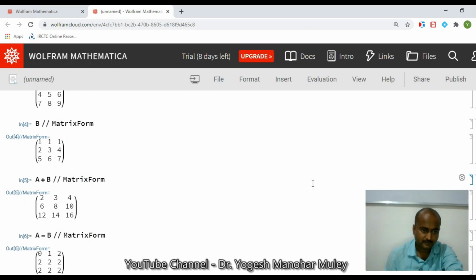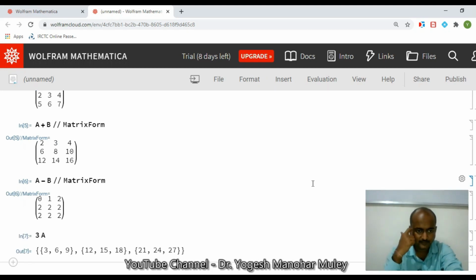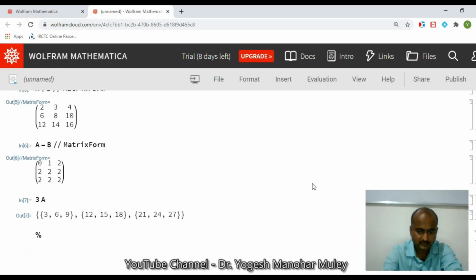Again, the subtraction of two matrices in matrix form: A minus B. After that, 3 space A. I will use the percentage symbol, double backslash MatrixForm. The percent symbol is used for the last output, and we also convert it into matrix form.